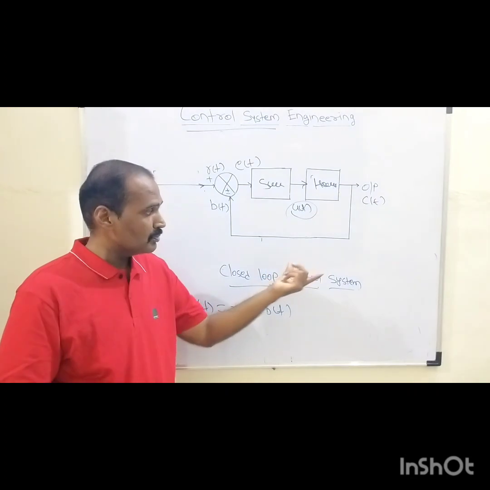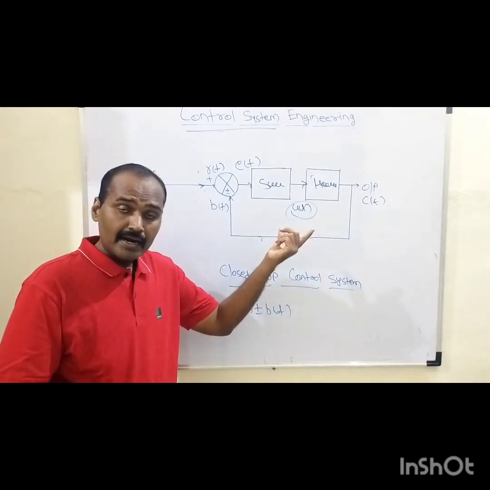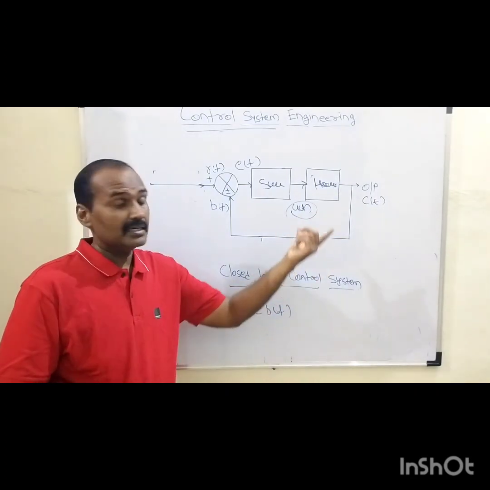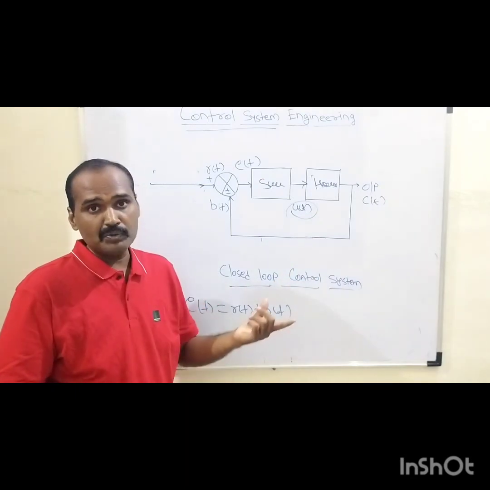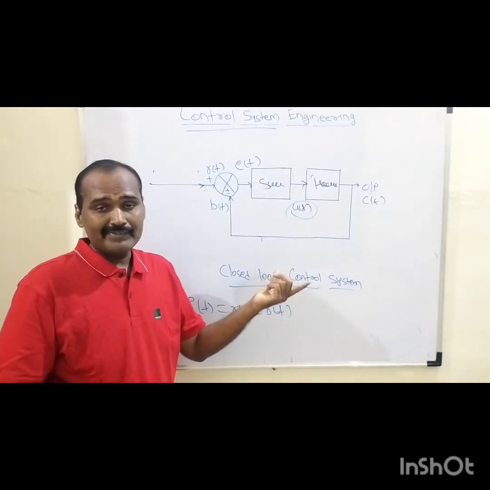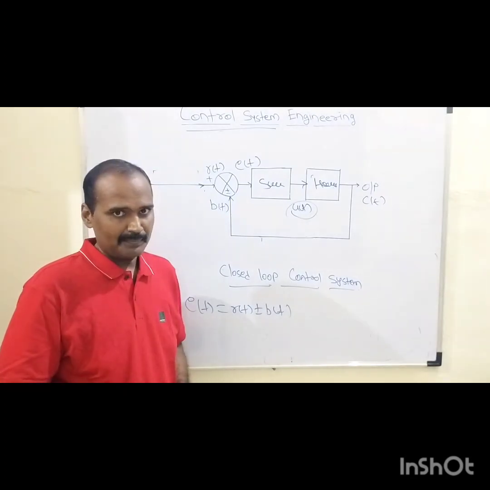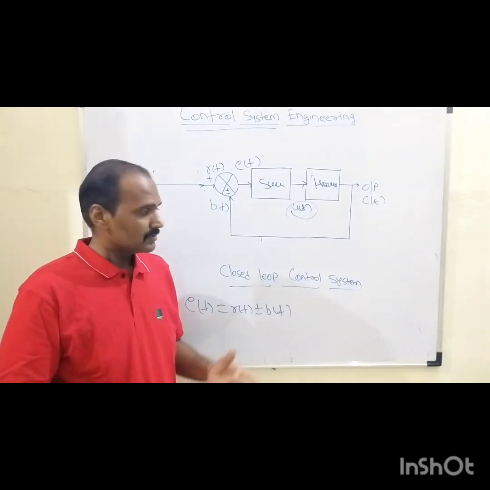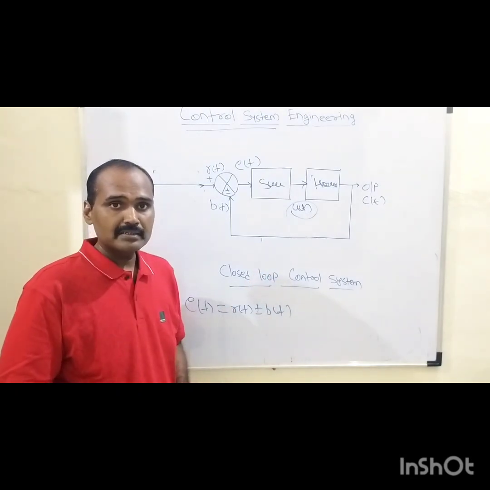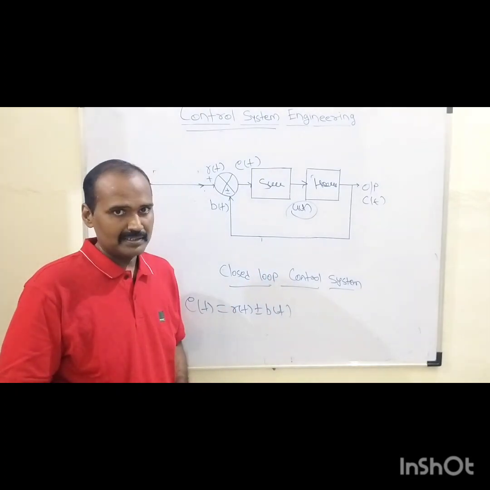But in case of a closed loop control system, the control action depends upon the response of that system, meaning we do have the occurrence of the feedback signal in a closed loop control system, right? So this is all about open loop and closed loop control systems. Thank you.